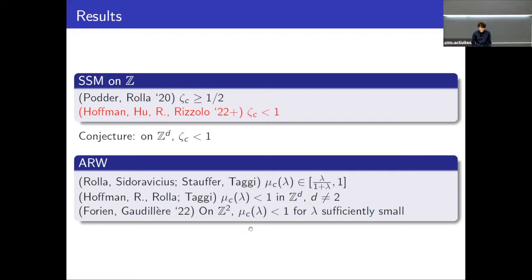And very recently, just a couple weeks ago, there's a very nice paper that generalized some of these ideas that had previously only worked for Z^3 or higher, where the simple random walk is transient. They found a nice technique that works in Z^2, Fourier and Gaudier on Z^2, that the critical mu is strictly less than one if the sleep rate is small enough. If you make the sleep rate really small, that means particles will stay awake, so that helps you show that the system's active.